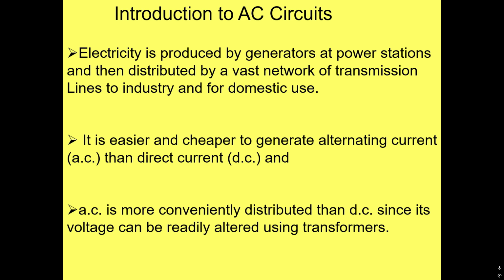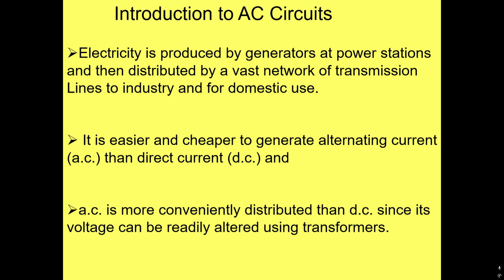It is easier and cheaper to generate alternating current AC than direct current DC. And AC is more conveniently distributed than DC since its voltage can be readily altered using transformers.